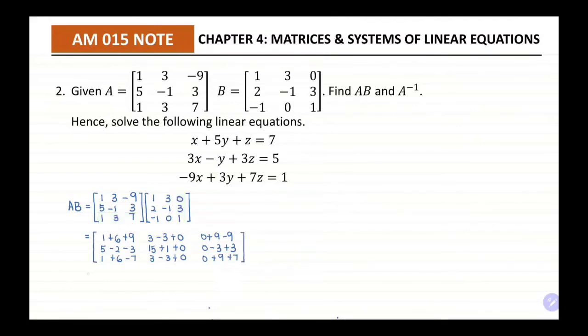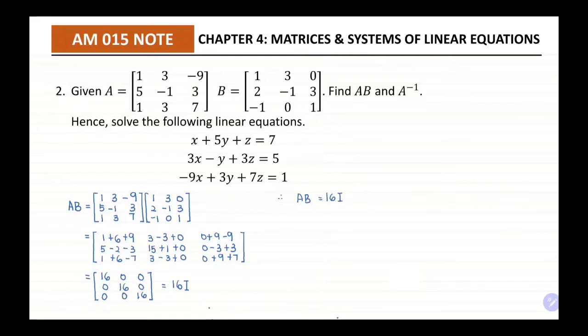Then we solve, we get 16, 0, 0, 0, 16, 0, 0, 0, 16. So from this matrix, we can conclude this one as 16I. So we conclude AB equals to 16I.